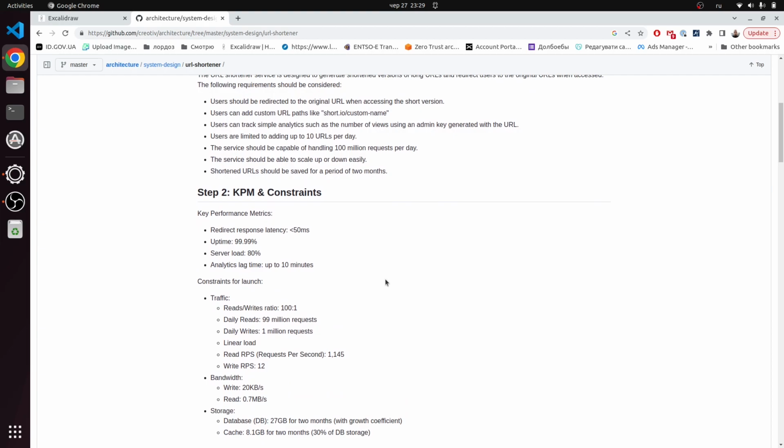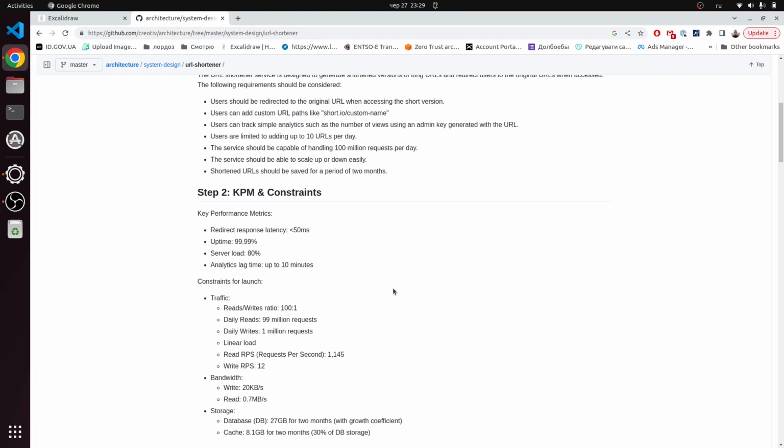On step 2, we write down our key performance metrics and our constraints, and here you must understand that you will have these constraints and metrics for different stages of your system and business.